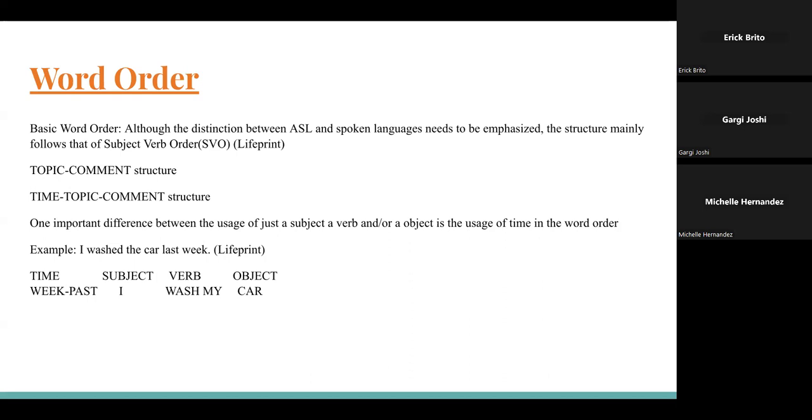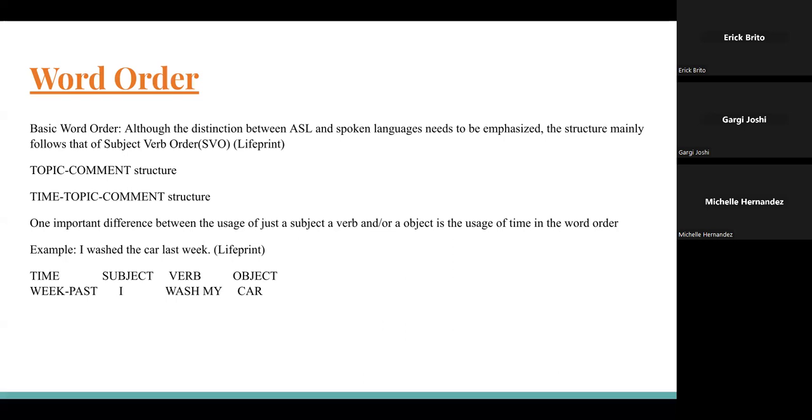Additionally, the word order can differ depending on the usage of time. Mainly people use the topic-comment structure, topic meaning possibly subject, possibly object, and comment meaning the comment on the topic, which is your subject or your object.